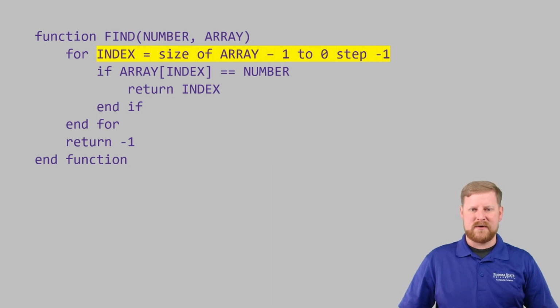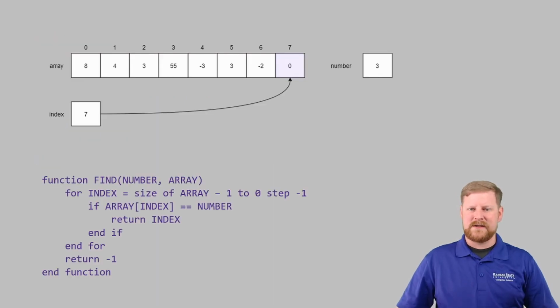So let's see how this works. When the function starts, we enter the for loop and initialize the index to the size of the array minus 1. Since the array has 8 elements in it, the size is 8, and thus we initialize our index to 8 minus 1, or 7. We do our normal comparison, and since the item in the array at index 7 is not equal to our number 3, we simply loop back to the top of the for loop.